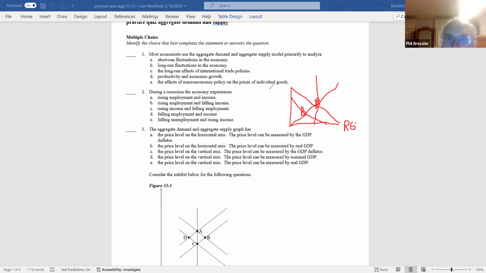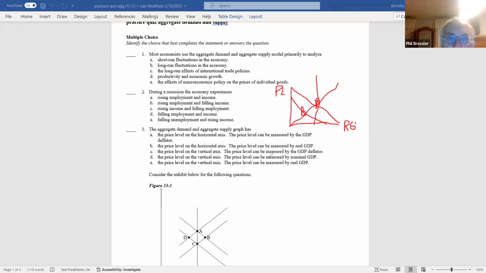All right, now, to answer three, we have price levels here. Now, price levels are determined by either the GDP deflator, which would be the best one because we're talking about GDP here. So the aggregate demand and aggregate supply graph has the price level on the vertical. Price level can be measured by the GDP deflator. So it would be C as in Caroline.